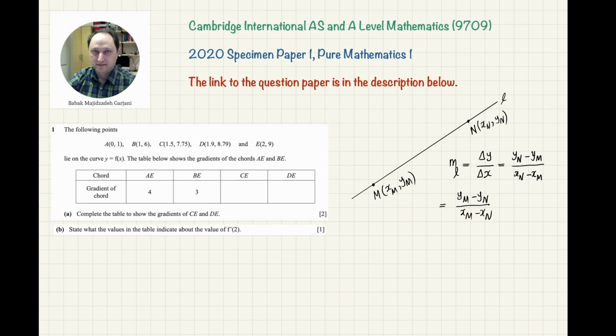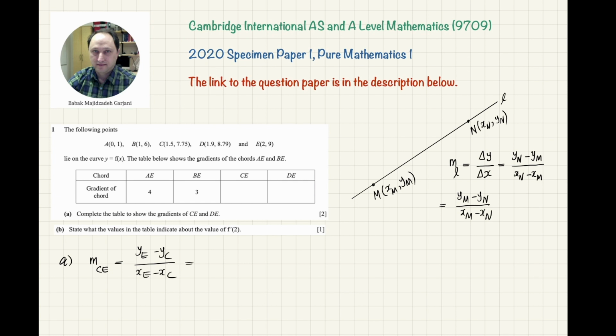Okay, now let us start solving this problem. Part A, I am supposed to calculate the gradient of chord CE. So let me denote it by m sub CE. This becomes ye minus yc divided by xe minus xc.